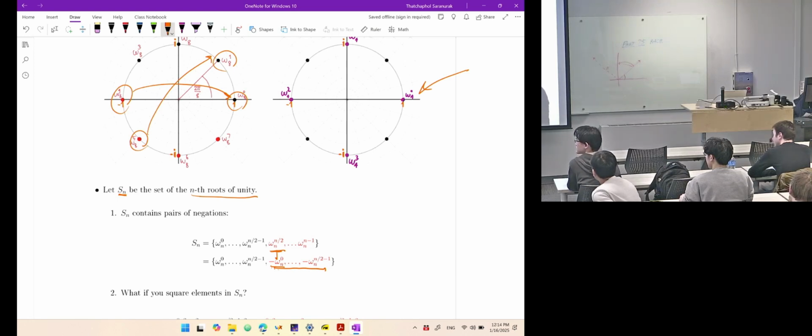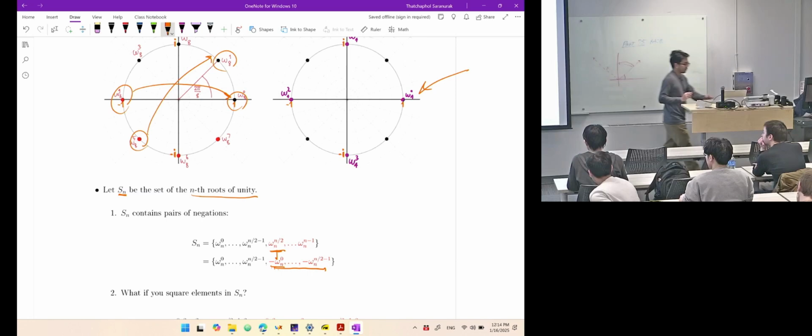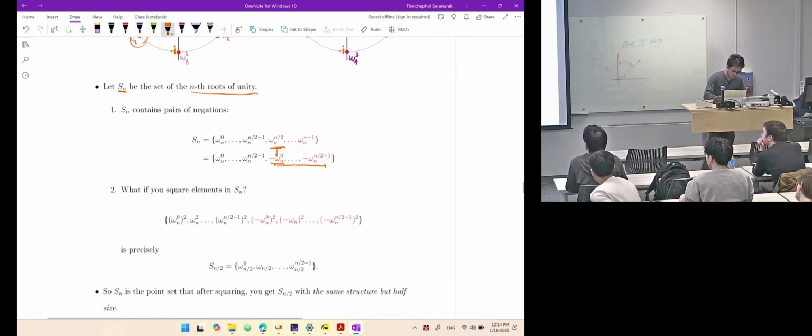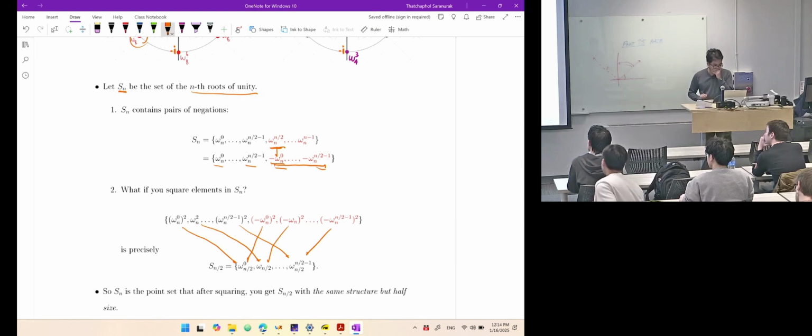Once you square all of them, if I square each of the elements here, this will go to the same number, this will go to the same number, and this will go to the same number.